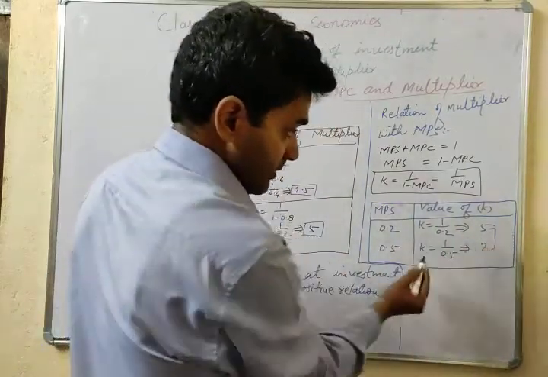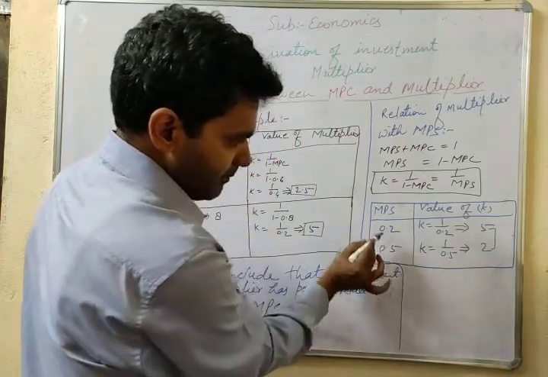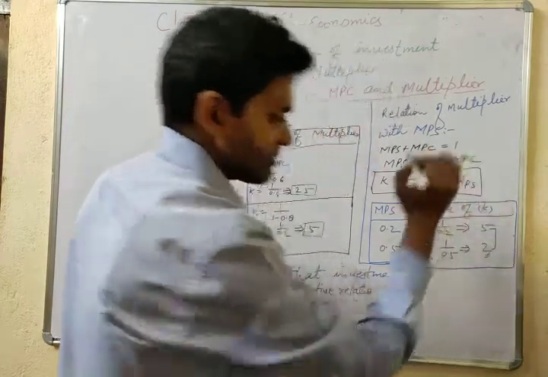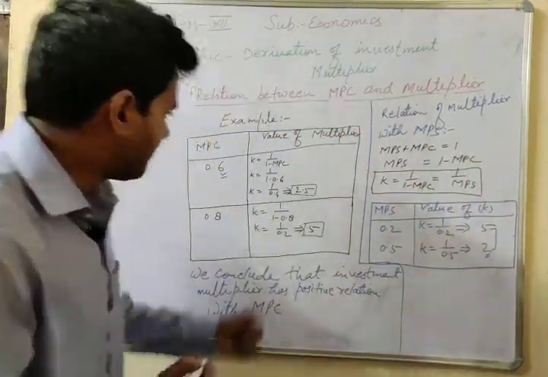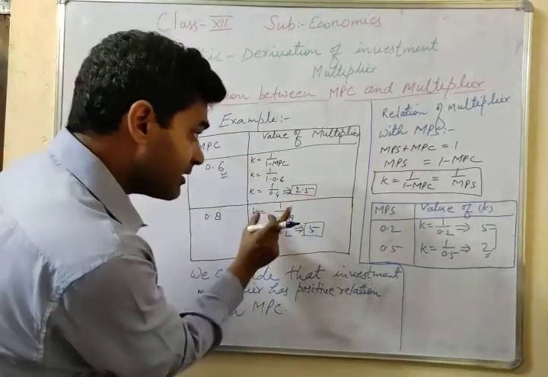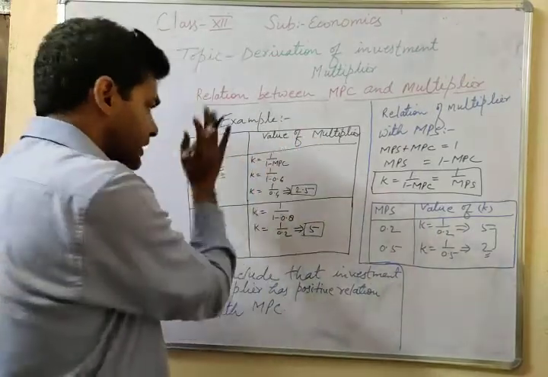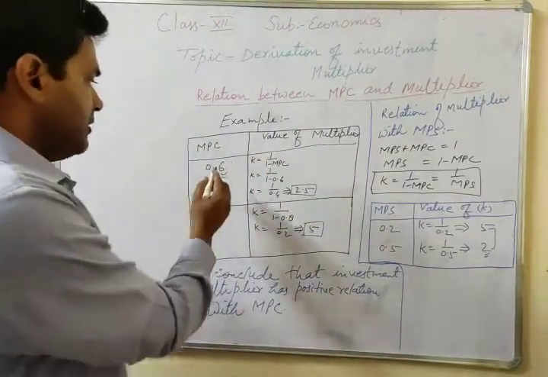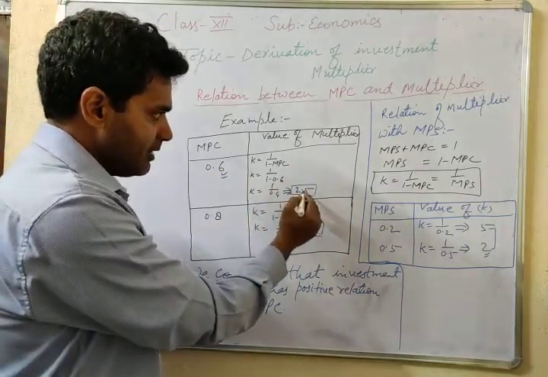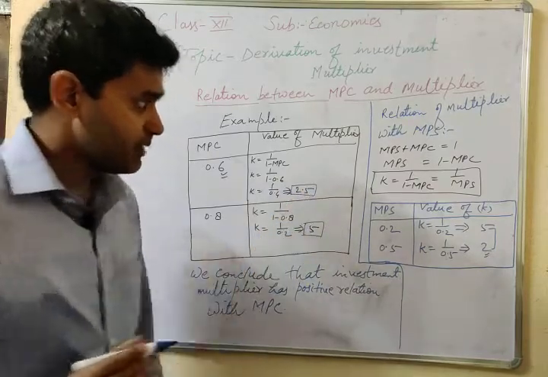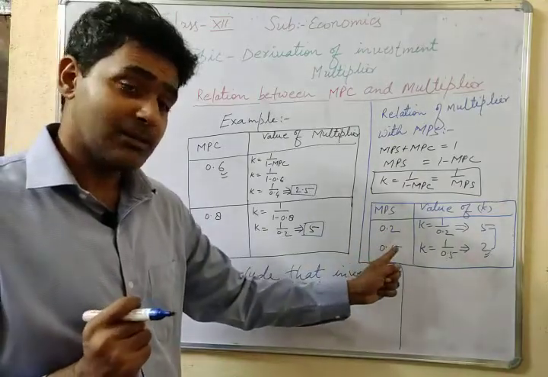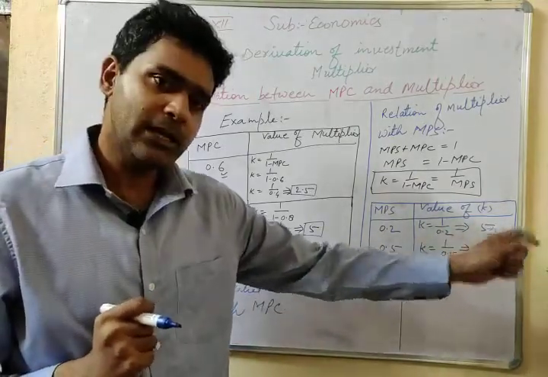Now you see the consequences of increase in marginal propensity to save. What is happening over here? If the value of MPS is increased, the value of K will decrease. While in the case of MPC, there was a direct relation between investment multiplier and marginal propensity to consume. When the value of MPC increased from 0.6 to 0.8, the value of K increased from 2.5 to 5. But in case of MPS, it is decreasing. When the value of MPS is increased, the value of multiplier will decrease.